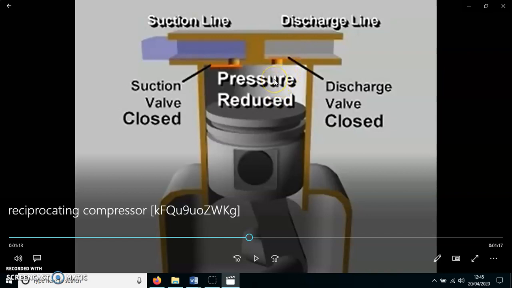So when during the suction the piston is moving from TDC to BDC, the suction valve will not open immediately because the pressure inside the cylinder is still above atmospheric pressure. So as expansion happens, the pressure goes on reducing, and at one point of time it reaches atmospheric pressure, and beyond that it goes into vacuum.